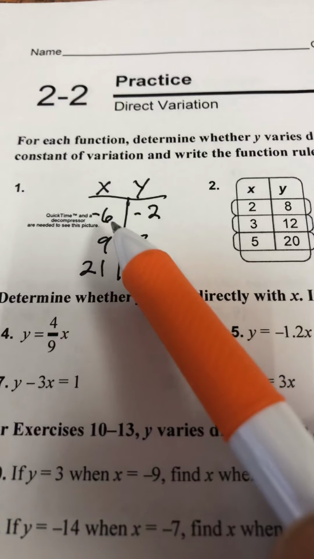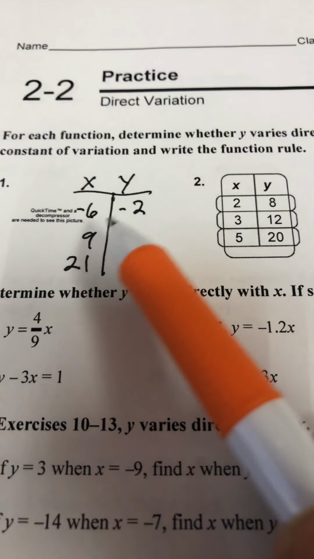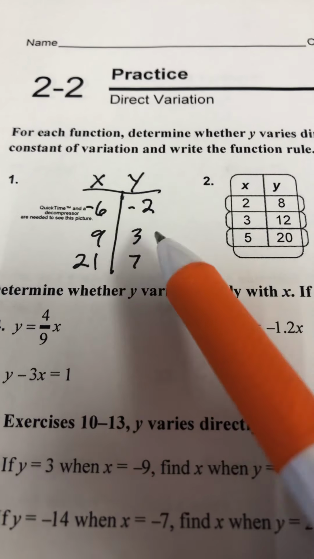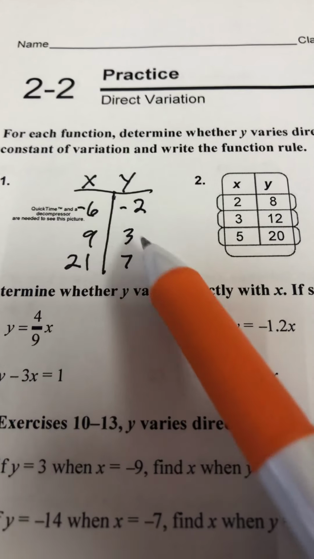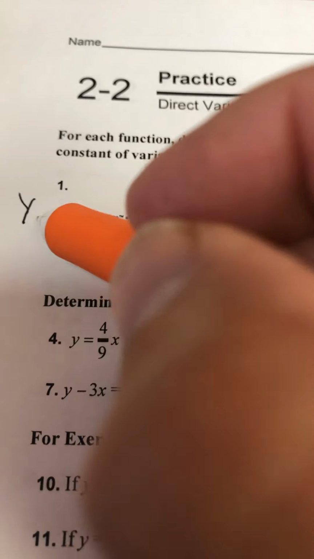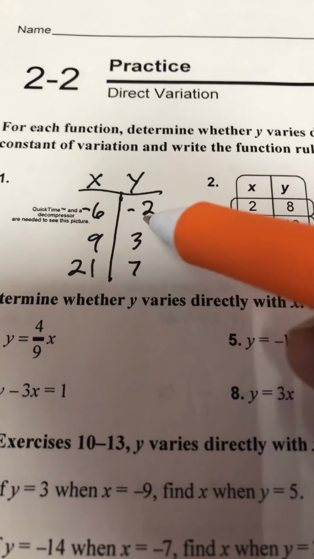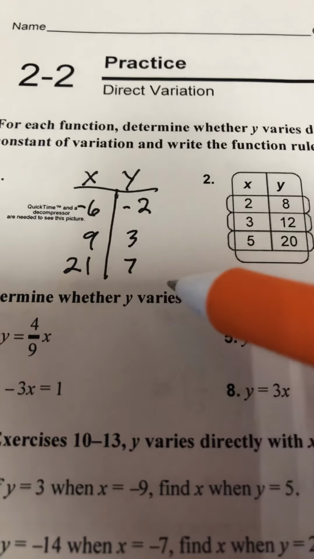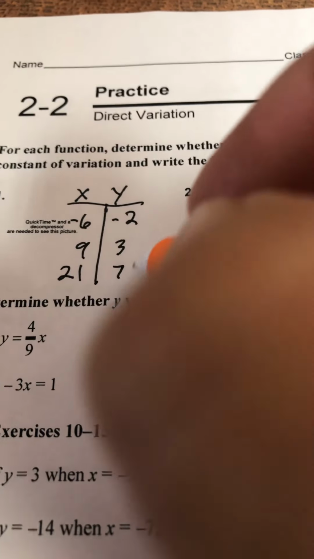What I'm doing is taking y over x, to see if it's constant, if it's a constant of variation. If it's the same thing every time I divide my y over x value. You'll find that when you do this, -2 divided by -6, 3 divided by 9, 7 divided by 21, you get 1/3.